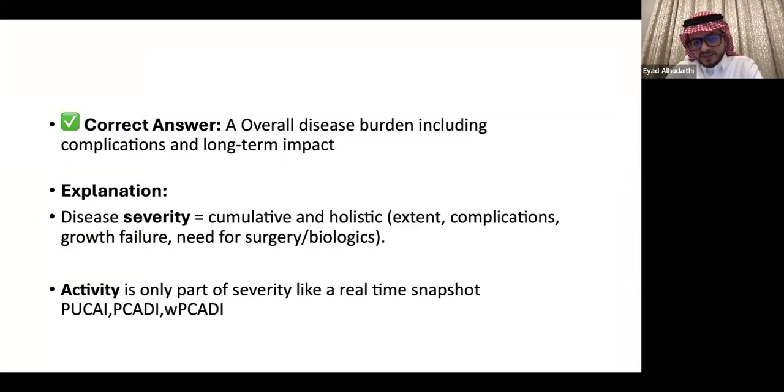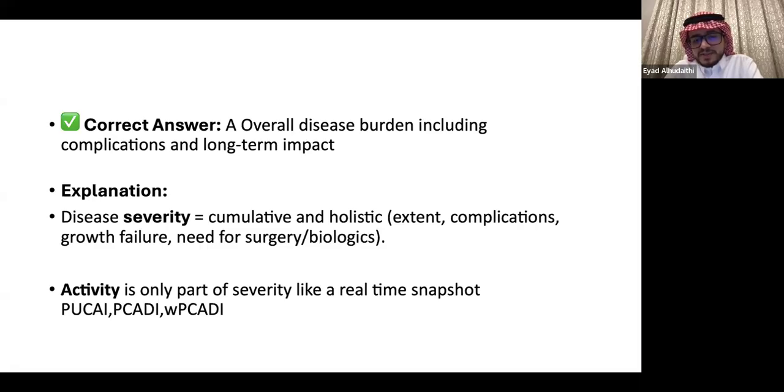And the idea of this question is to differentiate between two different aspects in IBD terminology, which are disease severity and disease activity. Activity is like a snapshot. It's like when you assess the patient at the clinic and you apply one of the scores, either the clinical score, endoscopic score, or histology score, whatever.